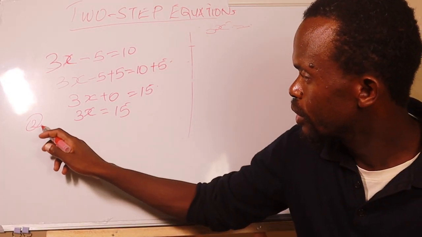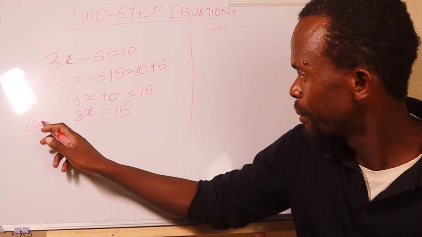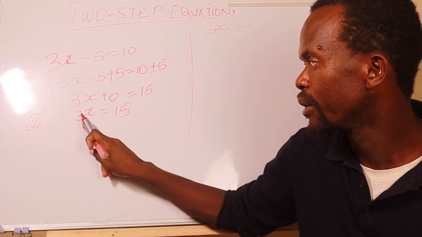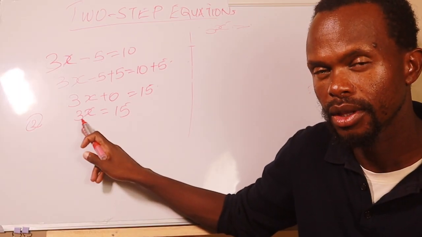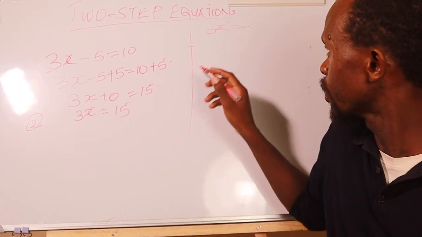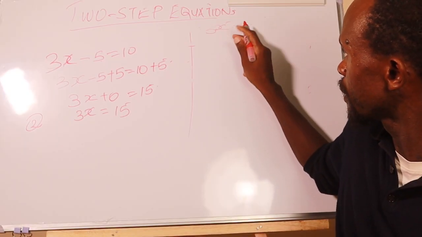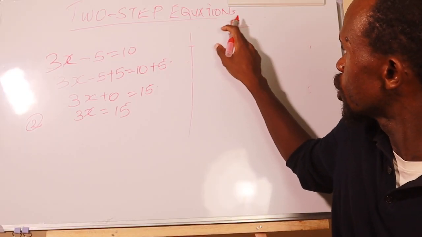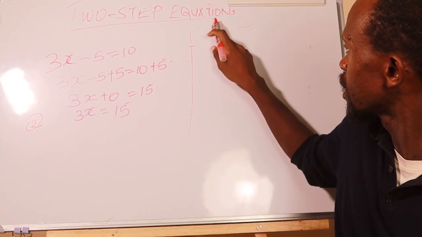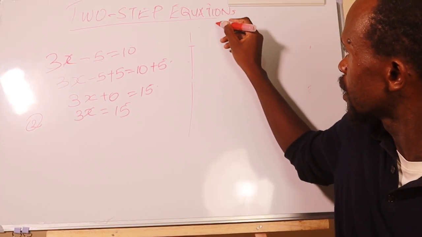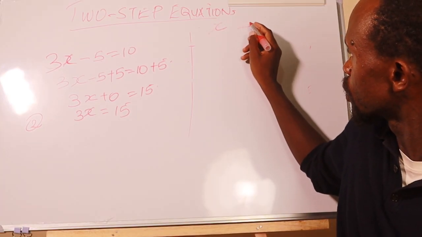So from here, we're going to go to our second step, and our second step involves undoing this multiplication. After we have accomplished the very first step, now in the second step, we need to be just left with x on one side is equals to.